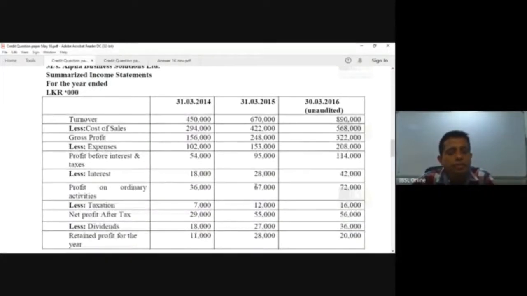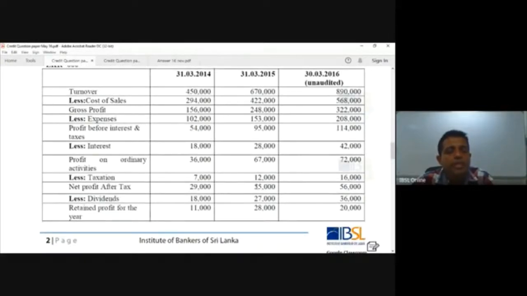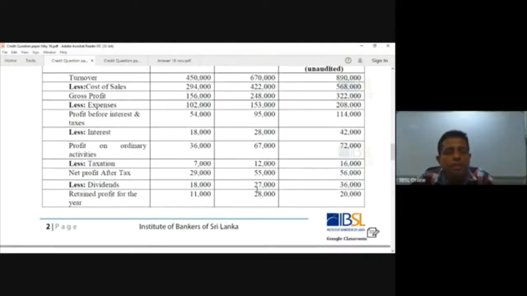If you go through the first financial statement, that is the income statement, starting from turnover, you have the net profit after tax. Thereafter, they have put two additional line items, that is dividend and retained profits. But you should know the last main item of the income statement is the net profit after tax.